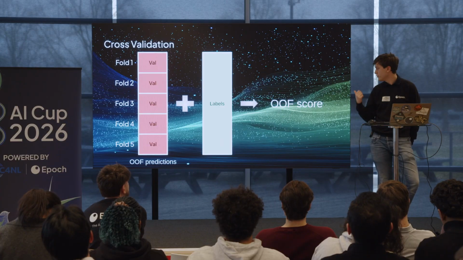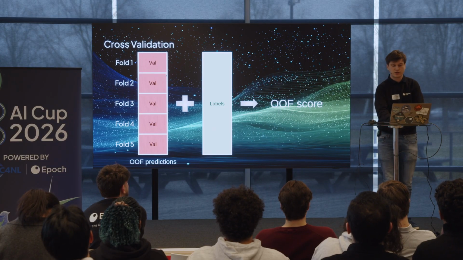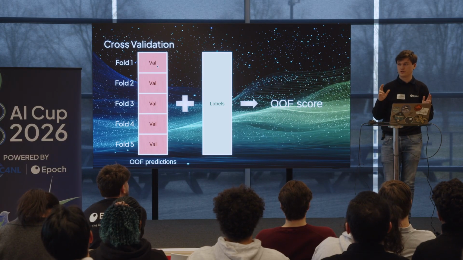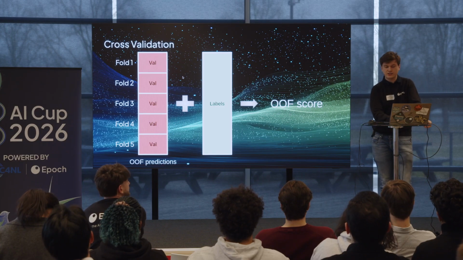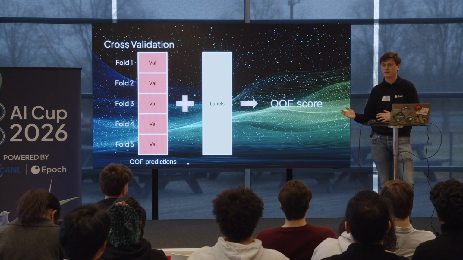Then you can use the labels we have provided along with the scoring function, which I will get to in a minute, to create something called the out-of-fold score. All these predictions are out-of-fold: they are not in the training fold, hence out-of-fold. This should be the best idea of how well your model is actually performing.